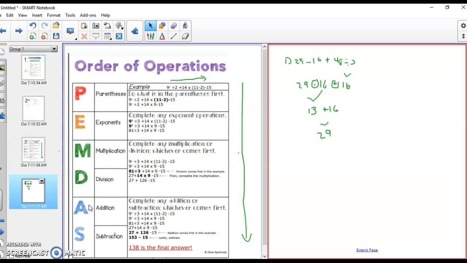You should be skipping the exponents, but you will have parentheses, multiplication, division, addition, and subtraction. All right, you are doing page 1, numbers 1 through 12.